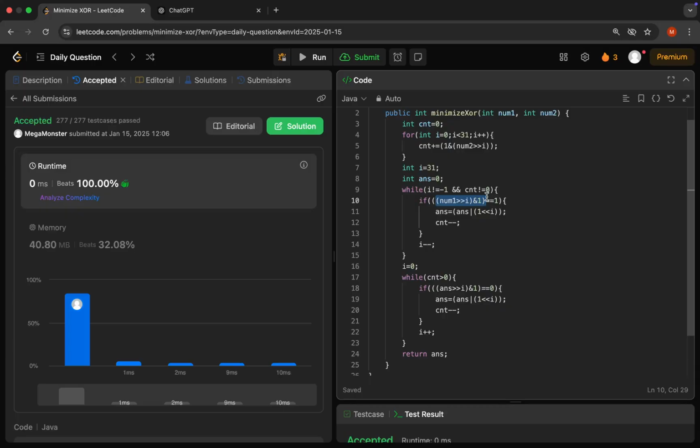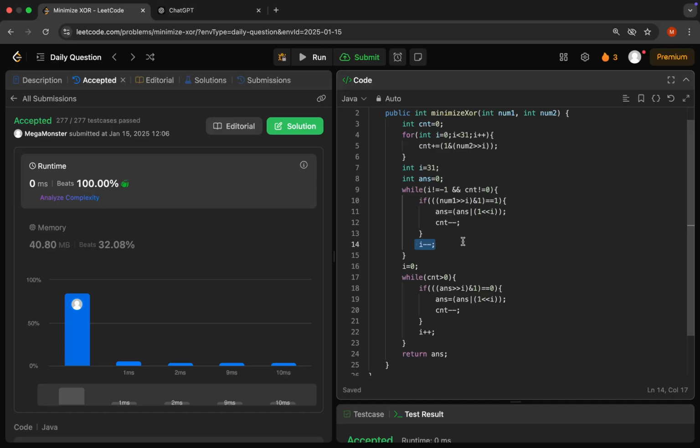If the ith bit of num1 is equal to 1, we make the answer's that bit also equal to 1, and subtract 1 from cnt. It means we have used one set bit, and the remaining set bit count is cnt, and we will check further for the other bits.